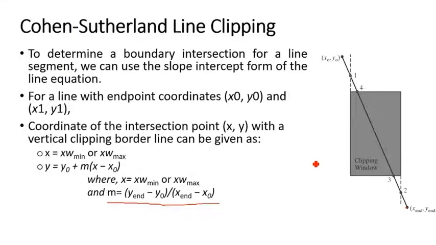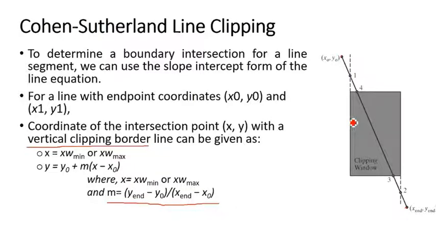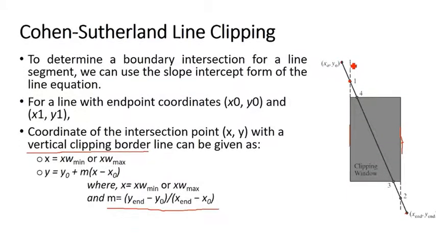Now, say you want to calculate the intersection point with the vertical clipping border. So the vertical clipping borders are this and this, right? This one is identified by xw min and this one is identified by xw max. Now, if the intersection with the vertical clipping border at the minimum, that is at xw min, is being calculated, then the x of this intersection point will always be xw min only, no?